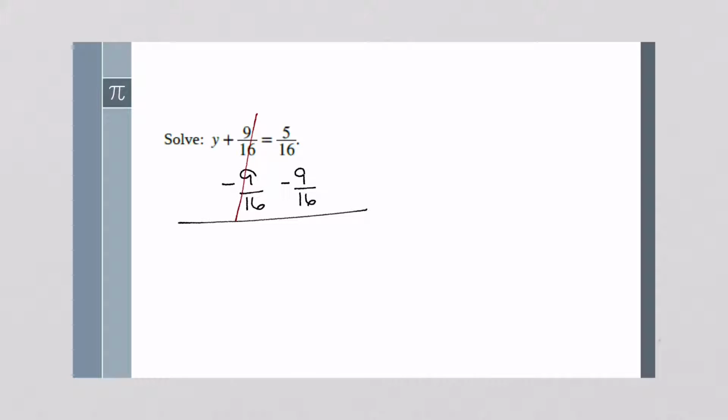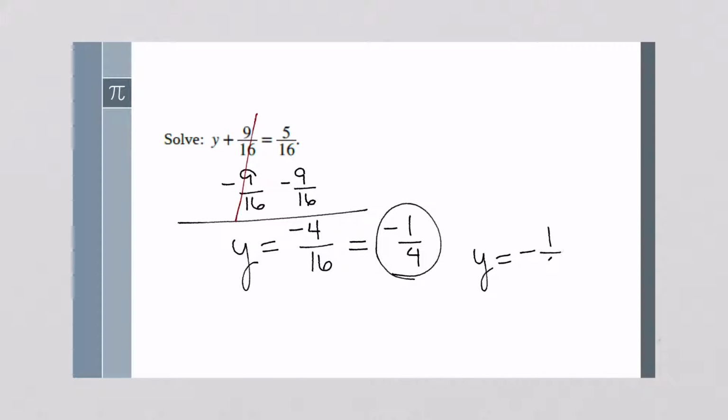So I get that y is equal to, what is 5 minus 9? It's negative 4. Your denominator doesn't change. This answer right here is not reduced, so you need to reduce it in order to get full credit. So y is equal to negative 1/4, and you would write it like this.